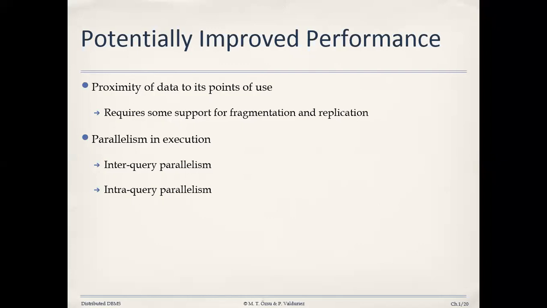So parallelism in execution means two types of parallelism in this context. One is called interquery parallelism and the second is called intraquery parallelism. Interquery parallelism means that let's suppose a user has generated a query from any site, and it's a complex query which might have certain dimensions. We might have some subqueries as well.